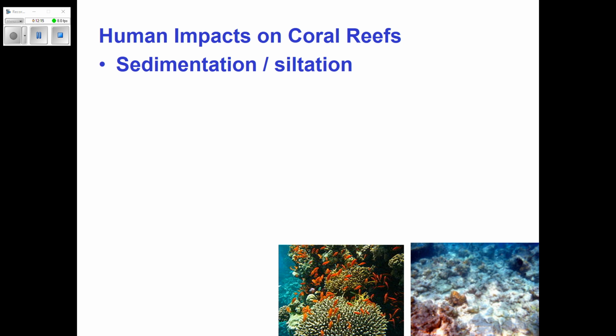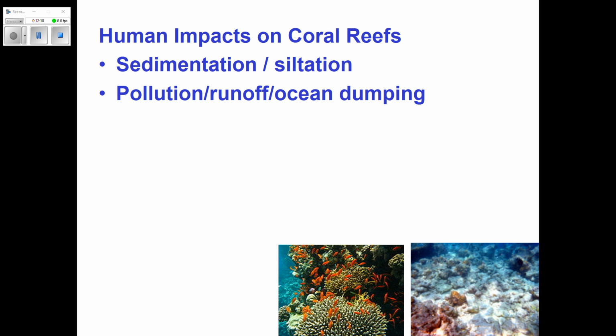Our next is pollution, runoff, and ocean dumping. Any type of pollution that enters into the ocean could potentially harm either the corals or any of the fish that are living in and around the coral reefs. Runoff, for example, like fertilizers. We talked about nitrates and phosphates.